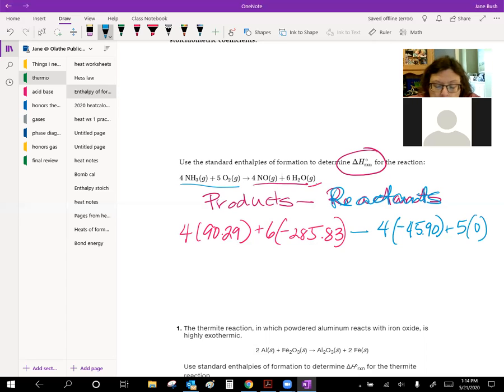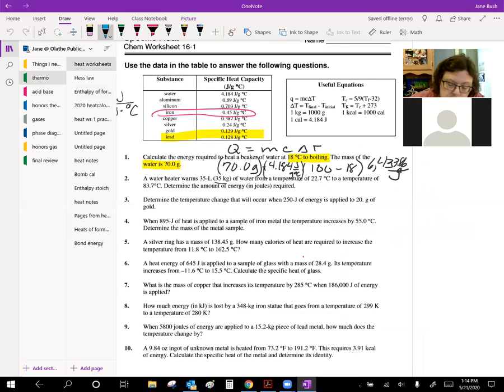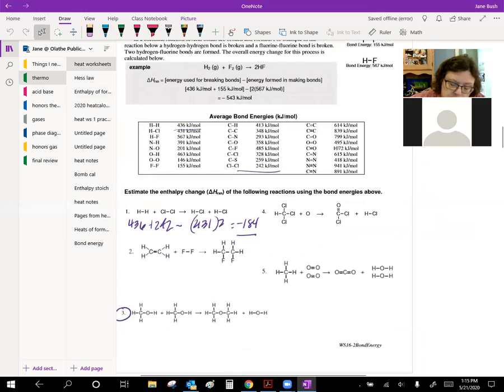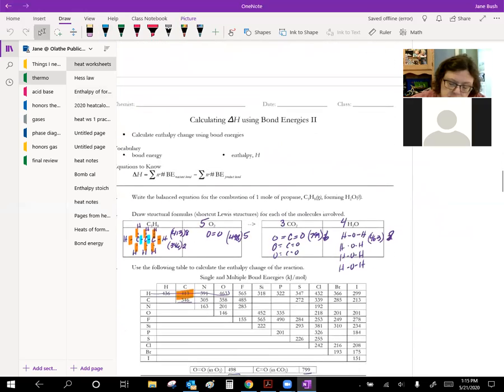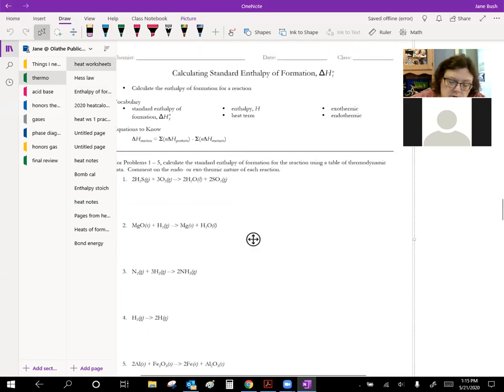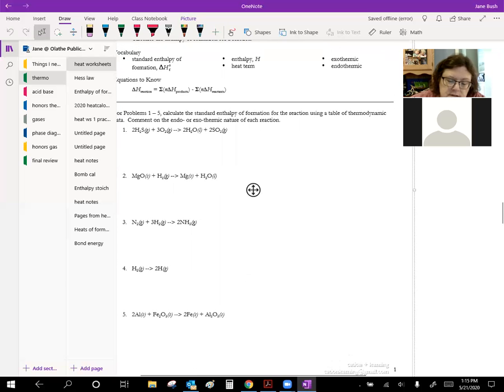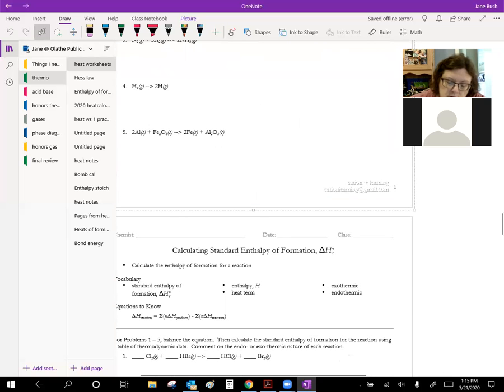So the hardest part of this is remembering products minus reactants. Okay? And there are examples of those on those heat worksheets. That's not, because that's heats of formation.